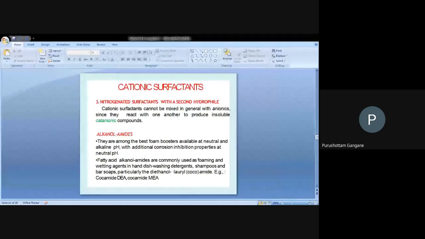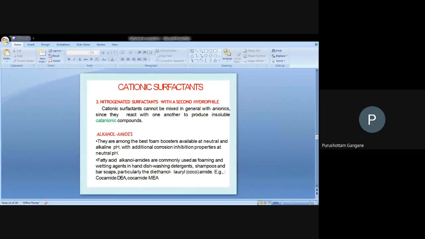Then another type of cationic is the alkanolamides. They are among the best foam boosters. Okay, and at neutral and alkaline pH, they act as foam boosters. Alkanolamides are cationic in nature. Then fatty acid alkanolamides are commonly used as a foaming and wetting agent in hard dish washing detergent.